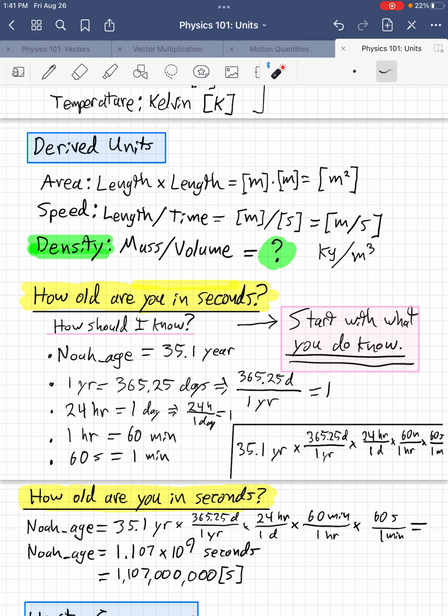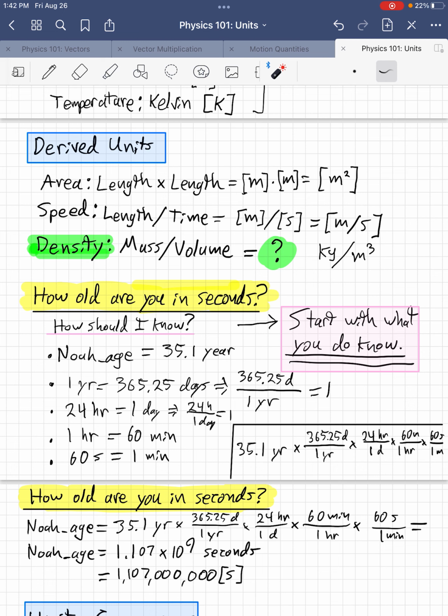And off the top of your head, maybe you don't know it. But what you can do is start with what you do know and see if you can get from what you know to what you want to know by just applying small steps, right? So how old are you in seconds?